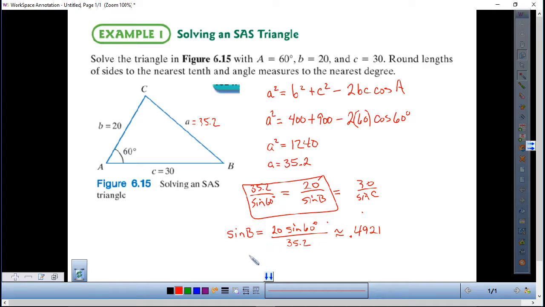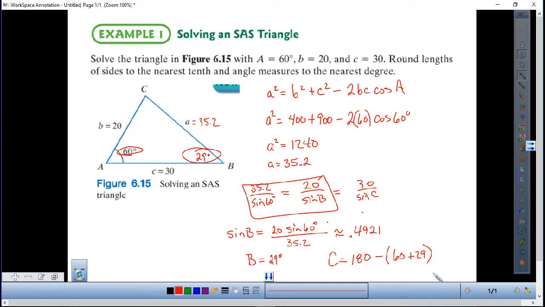And that gives me an angle B that is approximately 29.476, or 29 degrees. Now, here's the thing. Now I can use subtraction, and I know that C is going to equal 180 minus the sum of the two angles that I know here, 60 plus 29.